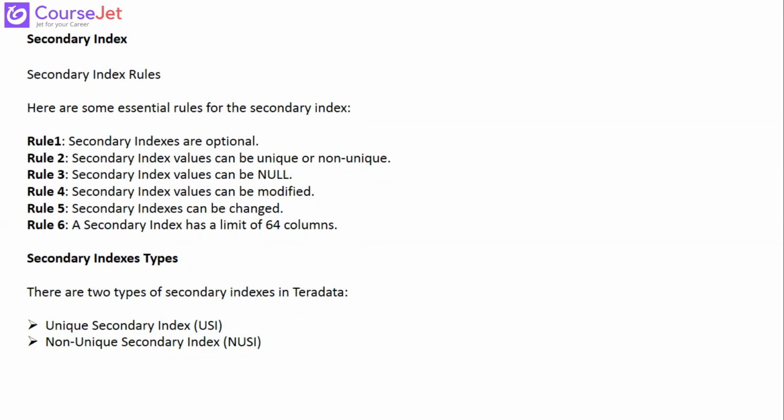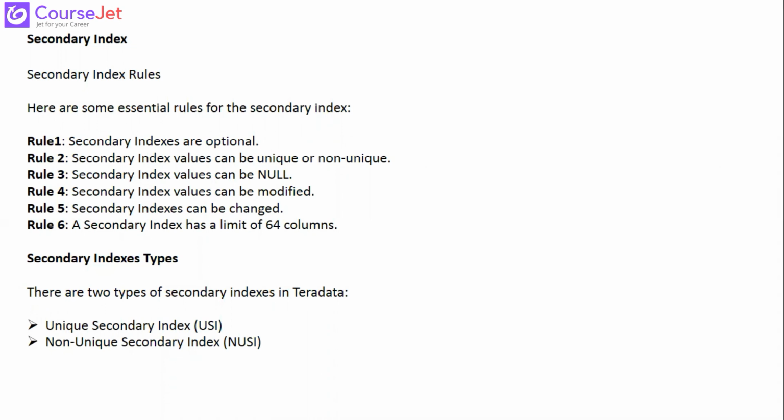If they want to enforce a primary key kind of concept, they should go with the UPI, correct? In a relational database there is something called primary key, foreign key, the referential integrity.